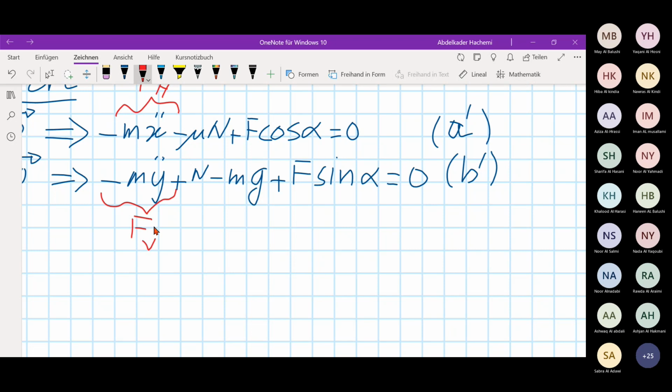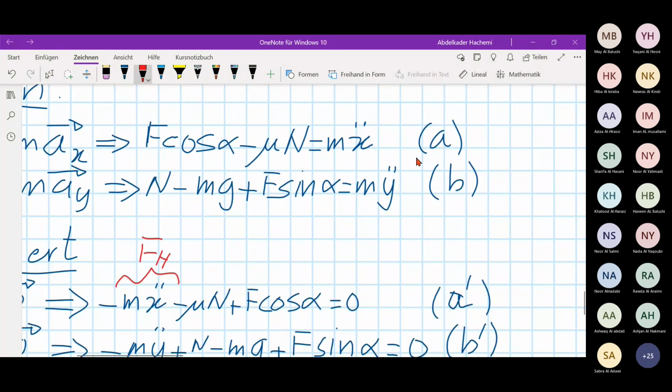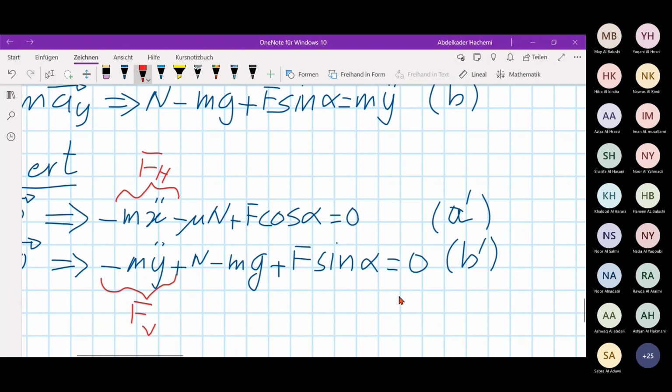Now coming to express this, either A and B, or A prime, B prime, what we know is only that the force and the acceleration in y direction is equal to 0. We know it because it's along x direction.